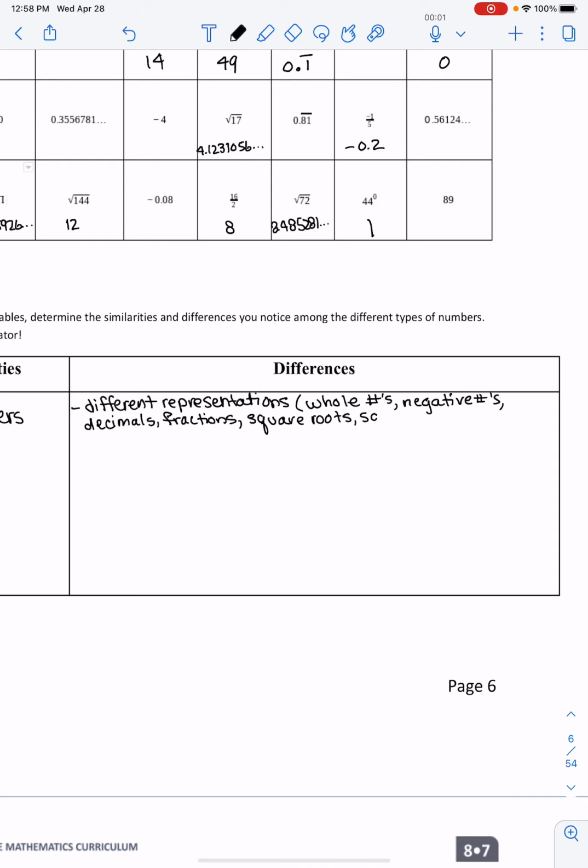And we have squares. We have that some decimals repeat. Some terminate. Some go on forever.